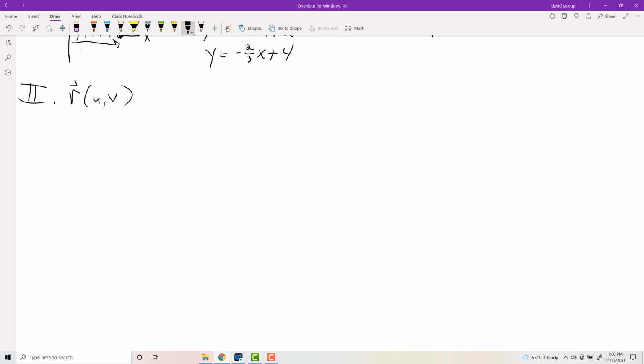Okay, so the surface integral in this case will again be the integral of f(x, y, z) dS. So you're integrating that function on the surface, and to integrate it, we're going to reparameterize everything in terms of u's and v's.